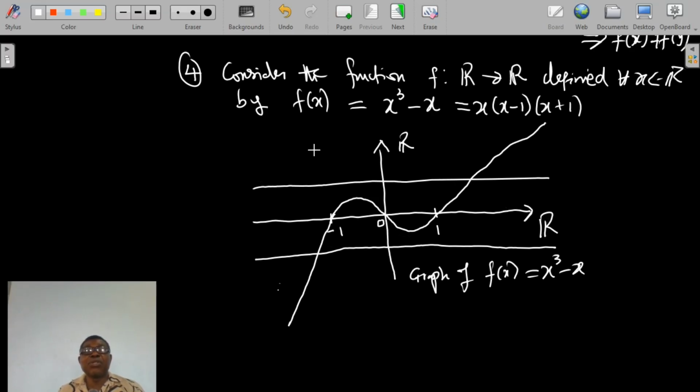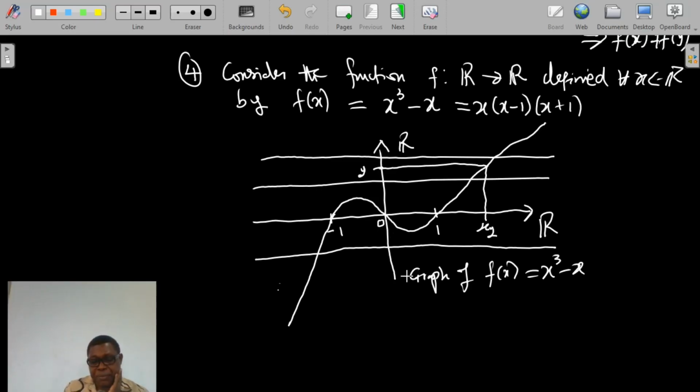Geometrically, what this represents is that this function is an onto function, meaning that given any real number y on the codomain, you can always find a real number x, depending on y, so that the function acting on this x will give us back y. So the function is an onto function.